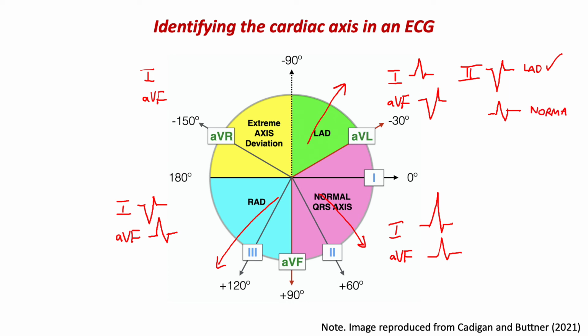And of course, in extreme axis deviation, you're going to have a negative QRS complex in 1 and a negative QRS complex in AVF because, you know, impulse is going that way and it's not going towards any lead in particular.